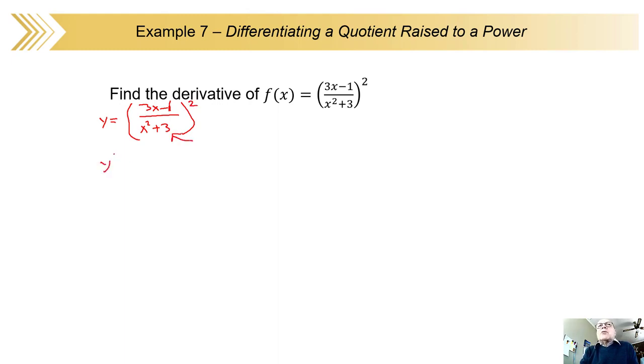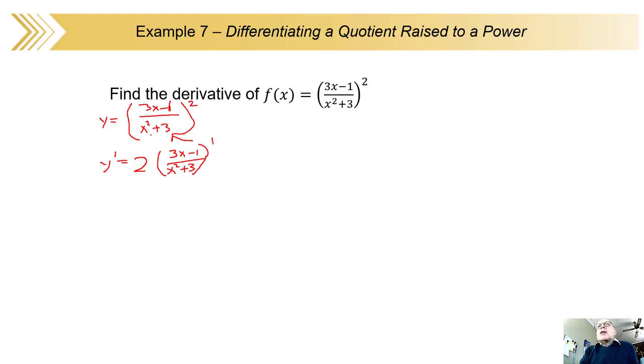So if I want to take the derivative, I'm going to bring that 2 out front, leave what is inside alone, 3x minus 1 over x squared plus 3. The 2 minus 1 becomes a 1. Good so far.